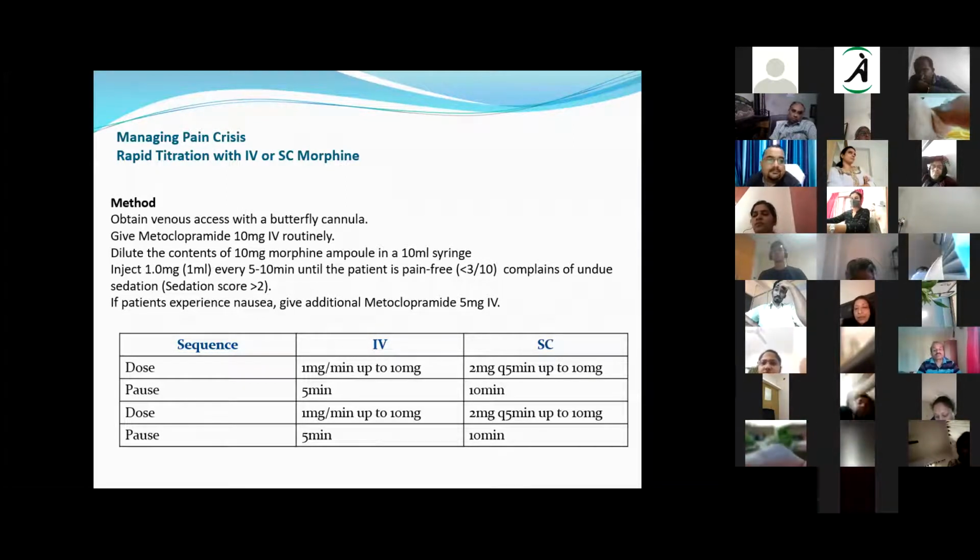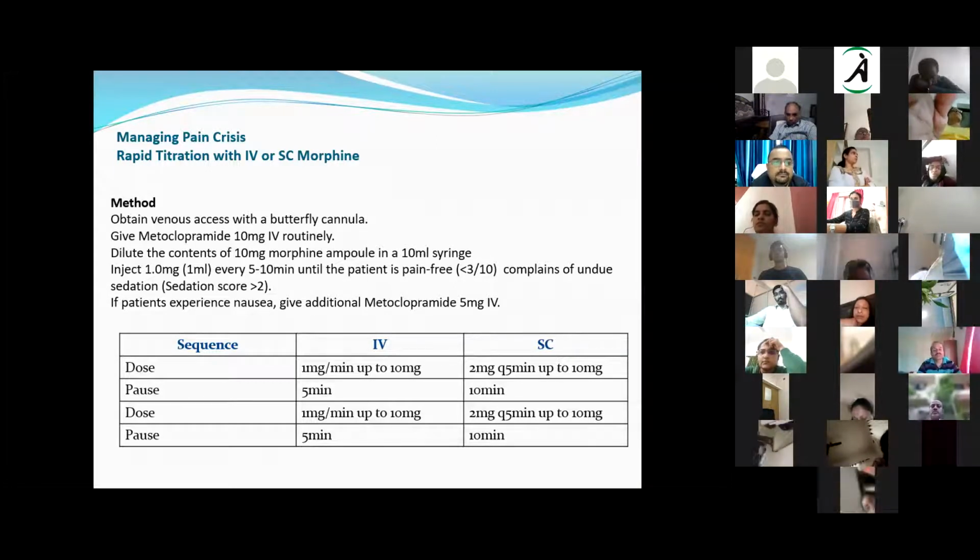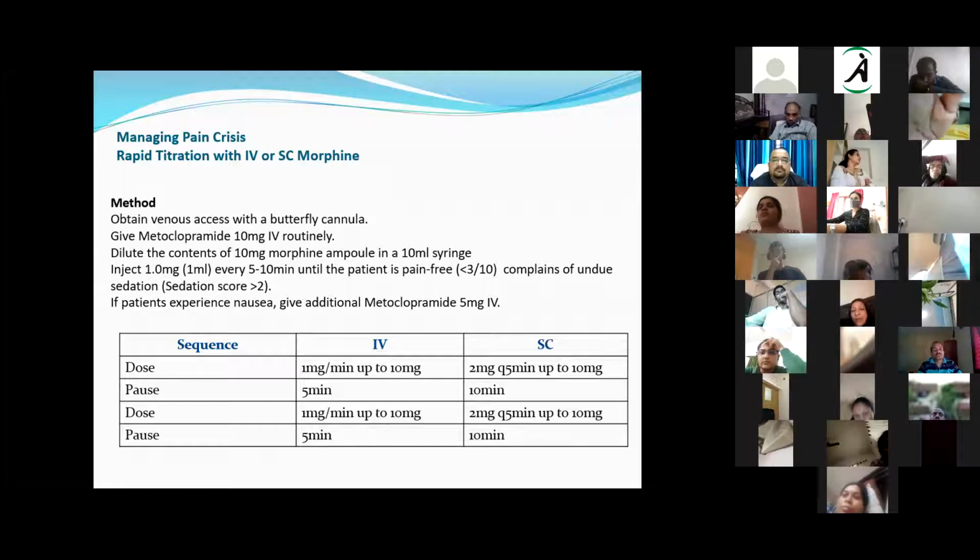If the patient is opioid naive, you can start with a 1 milligram dose, and you can go up to 10 milligrams, but most of the time 10 milligrams is not needed. So give 1 milligram, assess the patient after 5 minutes, always assess for nausea and vomiting also, and escalate and titrate the dose accordingly. I'm sure you know the half-life, bioavailability and the pharmacokinetics and pharmacodynamics of morphine, that I'm not going to explain here.